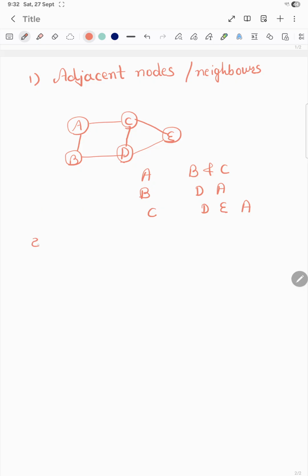Now the second terminology that is commonly used is the degree of a node, right? This thing you have also learned in a tree, the degree of a particular node. So here the degree of a node means the number of edges containing the node. Suppose in this scenario I have A, B, C and D, something like this.